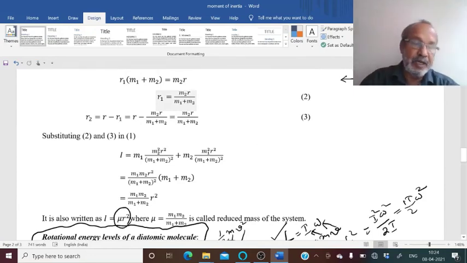So bond length r can be calculated if we study the spectrum of the diatomic molecule. This spectrum is in the region of microwaves of electromagnetic radiation. So it is also called microwave spectra or rotational spectra of diatomic molecules.